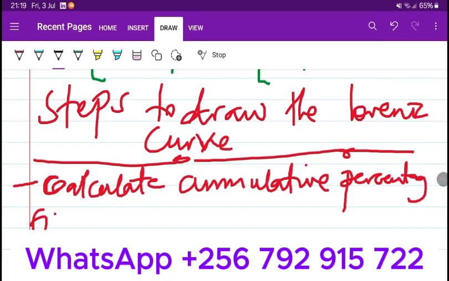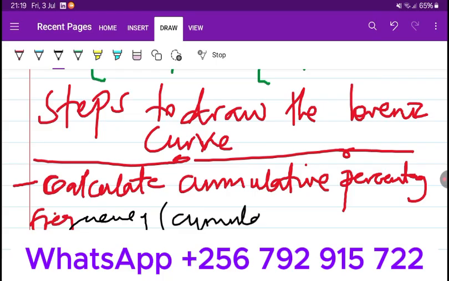Cumulative percentage frequency. Of course, you know that when you are computing the cumulative percentage frequency, you just cumulate the frequency percentages.